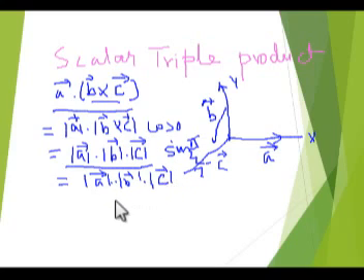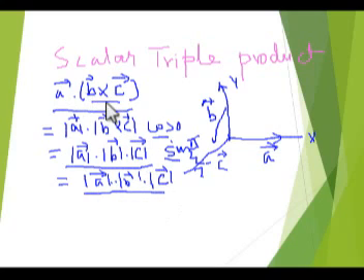This is the triple product: the multiplication of the magnitudes of three vectors which are perpendicular to each other. If they are not perpendicular, then we will have cosine and sine, of course. But here we have taken all the vectors as perpendicular, so we have the magnitude value: modulus A vector, modulus B vector, modulus C vector.